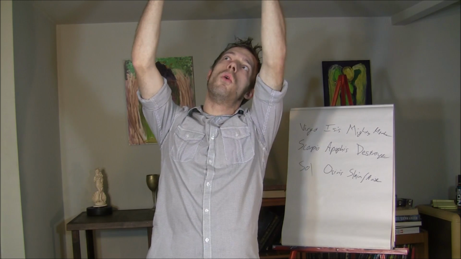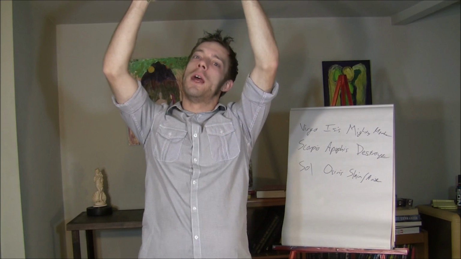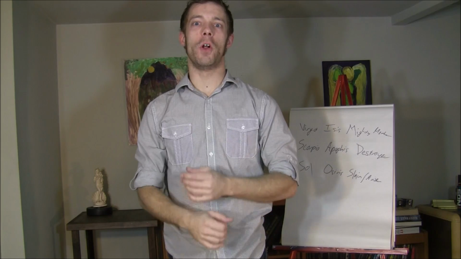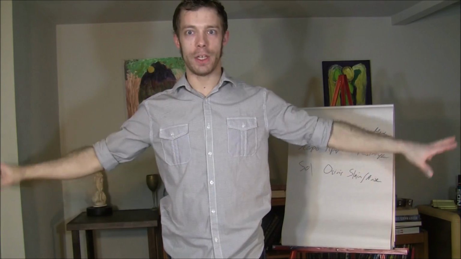Isis, Apophis, Osiris, E-A-O. I have a terrible singing voice. And then we say, let the divine light descend. And we draw a veritable waterfall of light down into our sphere.